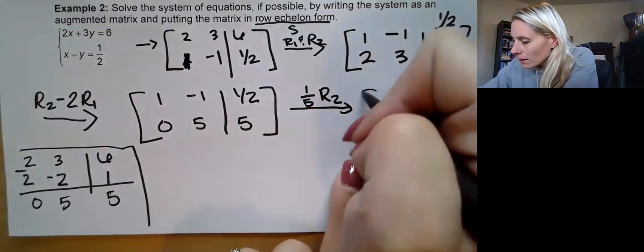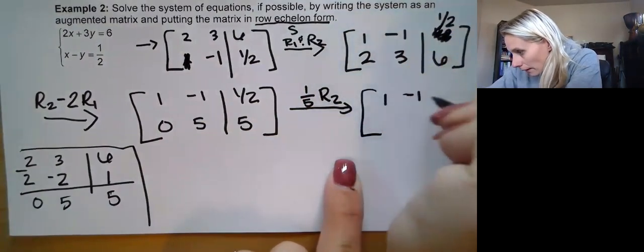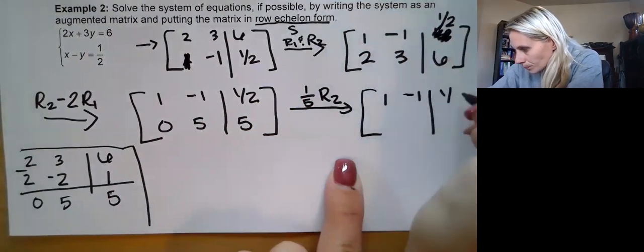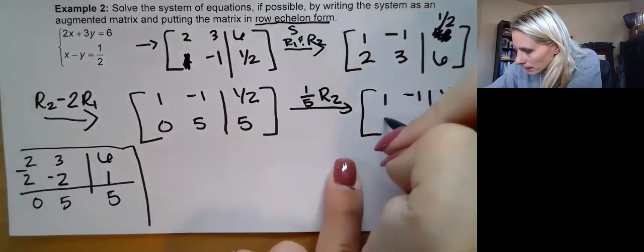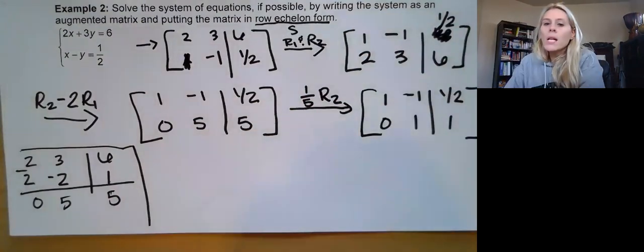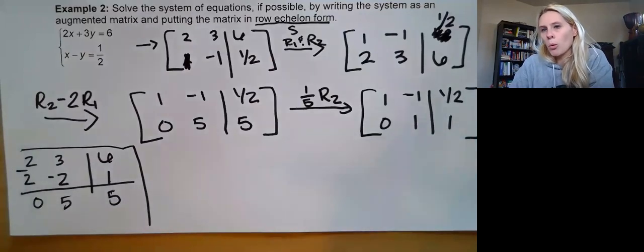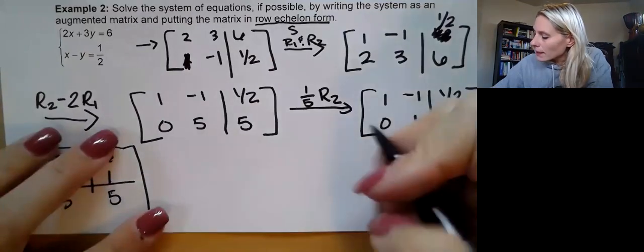I'm not going to do my side work for that because you guys should be able to do that in your head. So that gives me 0, 1, and 1. Awesome. So it is in row echelon form. It's not in reduced form, but don't worry about it. It is okay because this is easy.